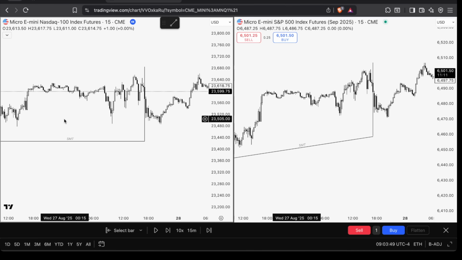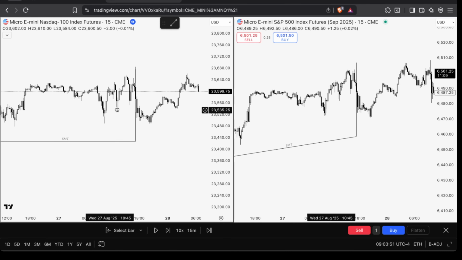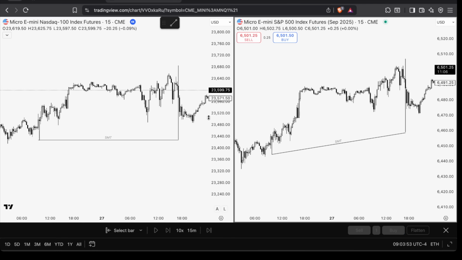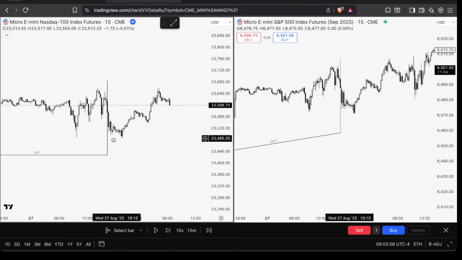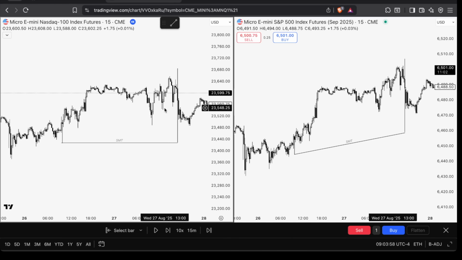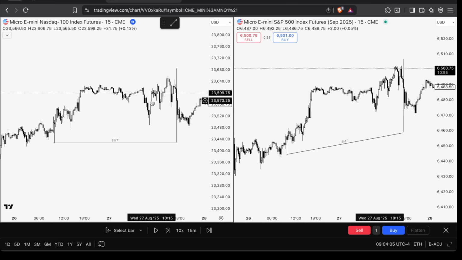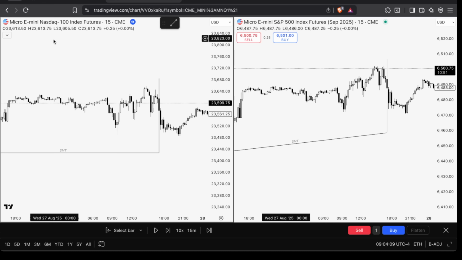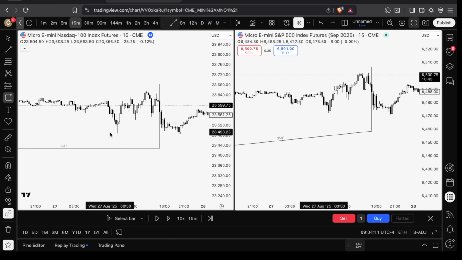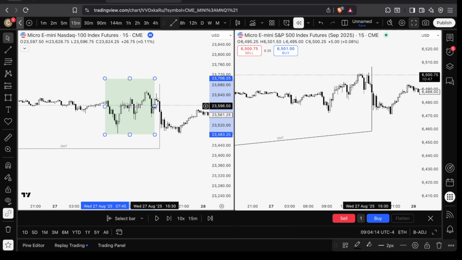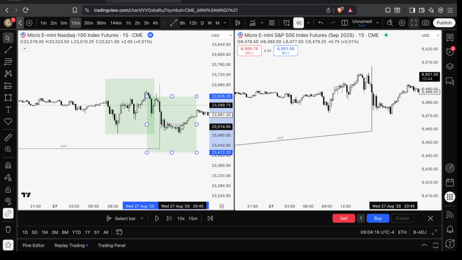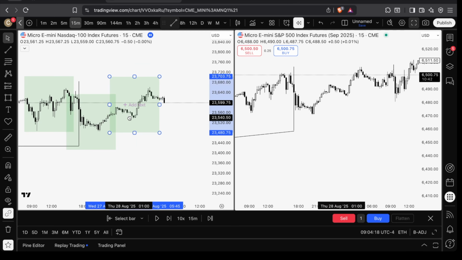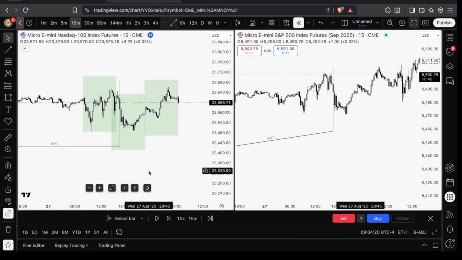What we can tell from this is, where was market open? 9:30. It's an AM candle right here. So what was the move? Accumulation, manipulation, distribution, right?